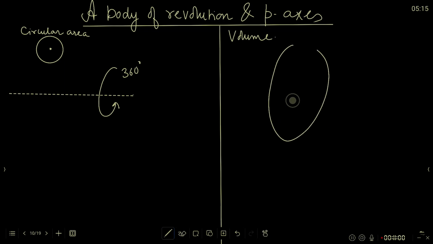Something like this, with this cross section being circular, and this axis will pass somewhere like this. Okay, so this is also a body of revolution.